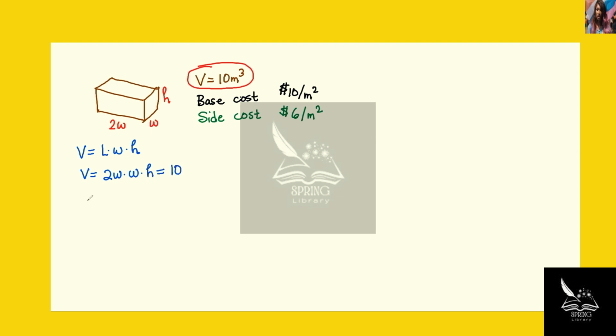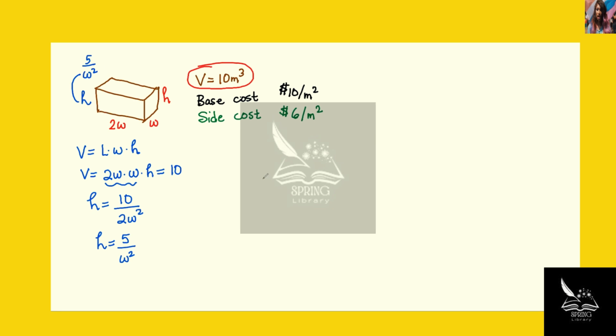So if I solve for h, it would be 10 divided by 2w squared, and I can reduce by dividing top and bottom by 2, so 5 over w squared. So now I know that the height is 5 over w squared. All right, awesome.